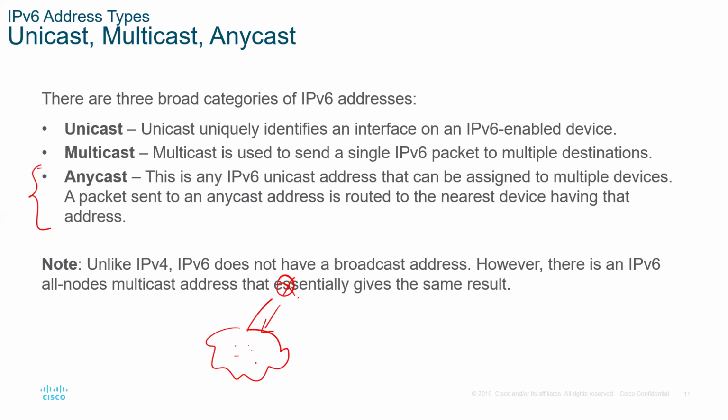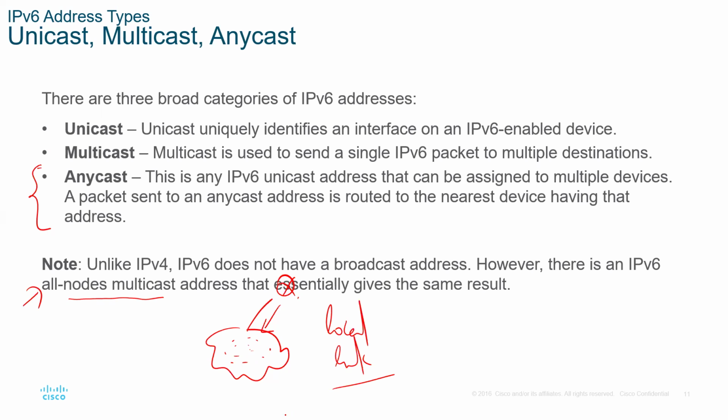With IPv6, we have what we call an all nodes multicast. So we have different types of multicasts. One to many, that is multicast. One type of a multicast is called an all nodes. An all nodes multicast allows us to send to every device on the local link.